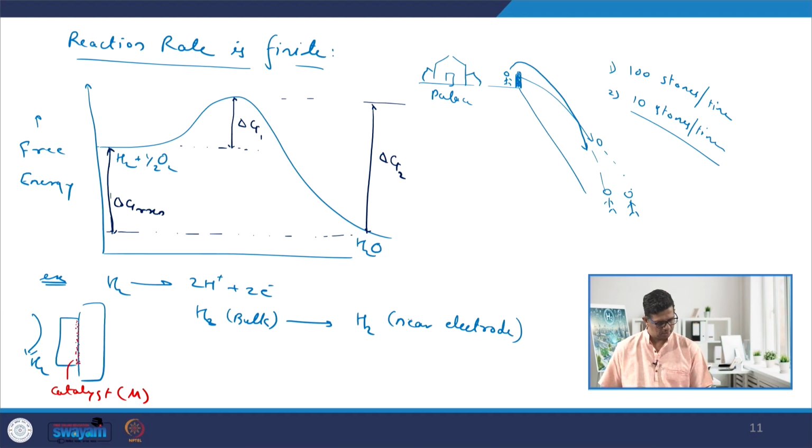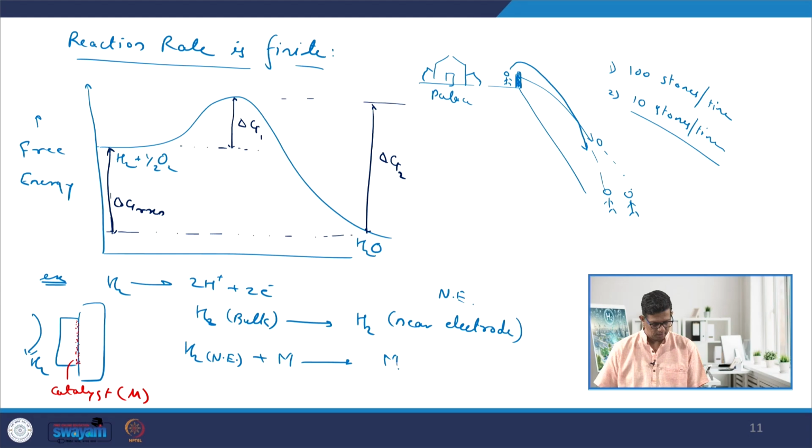Let me abbreviate near electrode as Ne. So, this hydrogen near electrode, once it comes in contact or closer to the catalyst nanoparticle, with respect to the triple phase boundary, gets chemisorbed.